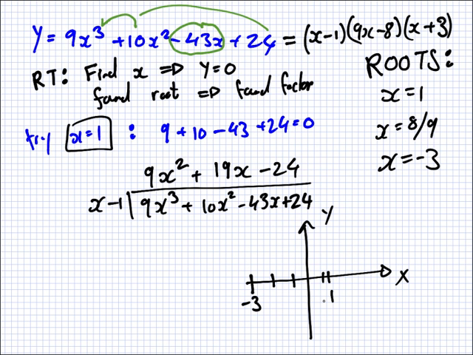And where does this cross the y-axis? At 24. Yeah, so in red here, the three roots, minus 3, 8 over 9, and 1. And then it crosses the y-axis at 24. And the shape for a cubic is up, down, up. So it goes, if I can try, up, down, and then it just about turns twice, or passes the axis twice there and goes up.